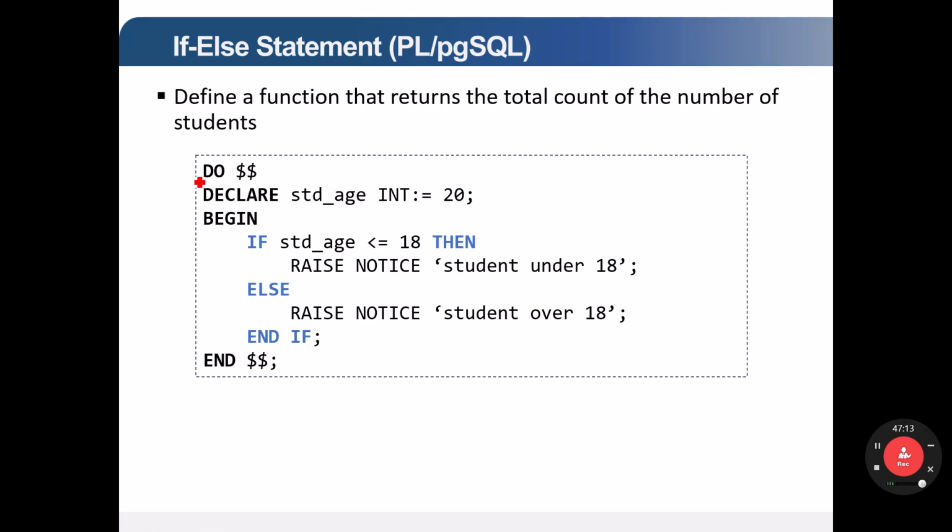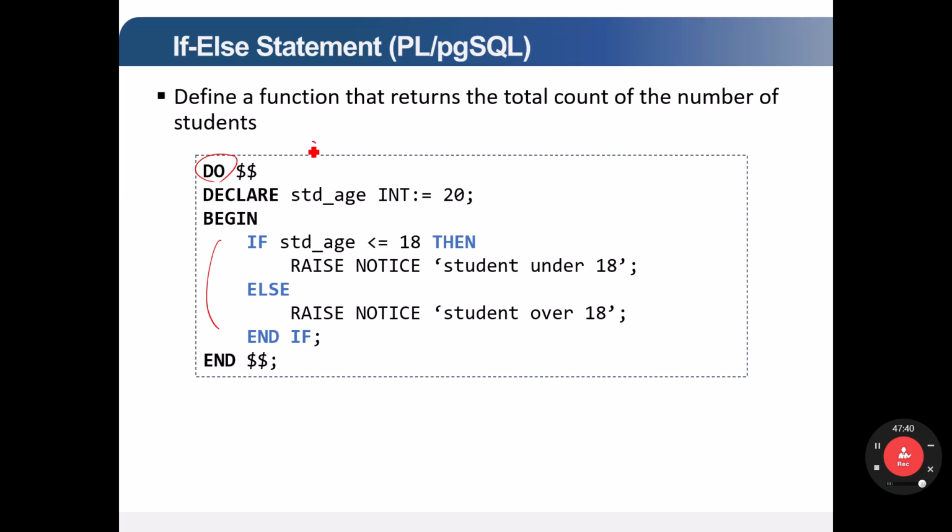Next, so let's look at an example of if-else conditional branch. Oh, what is do? What is do? Instead of defining a function, you can just execute these statements just like a shell script.